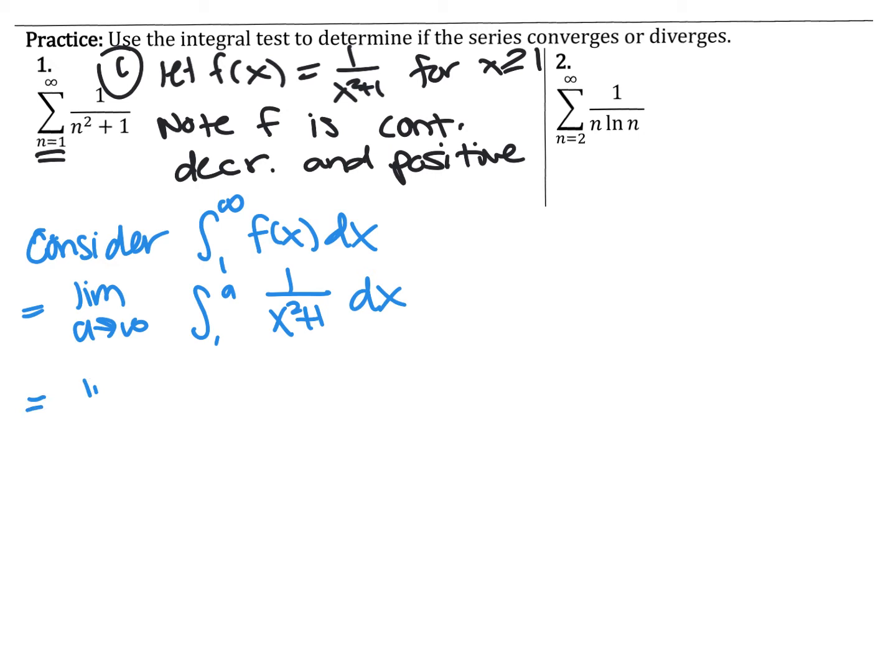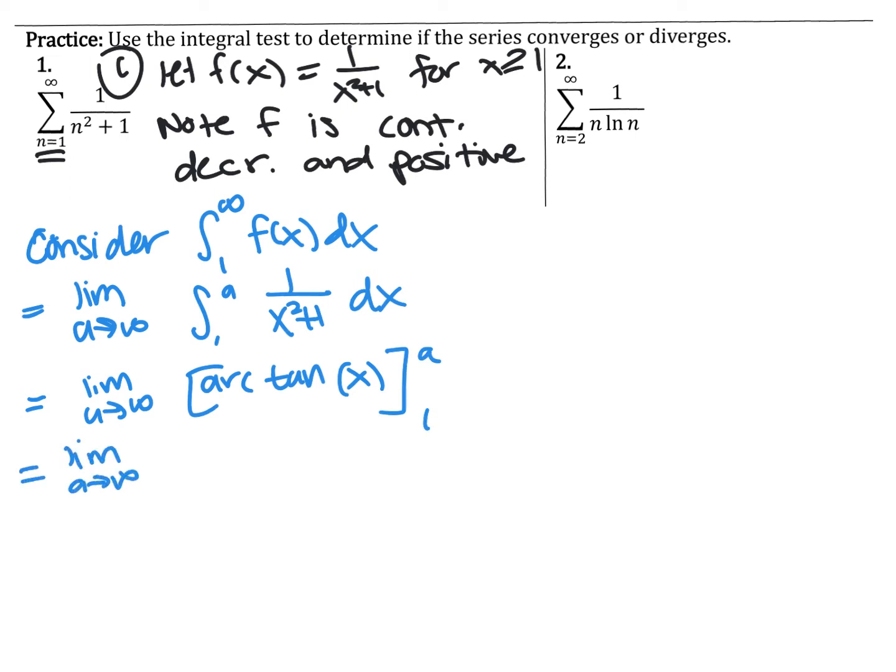And hopefully you can see right away that this is arctangent of x, and this is going to be evaluated from 1 to a. So this is the limit as a approaches infinity of arctangent, if I use direct substitution here, of a minus arctangent of 1.